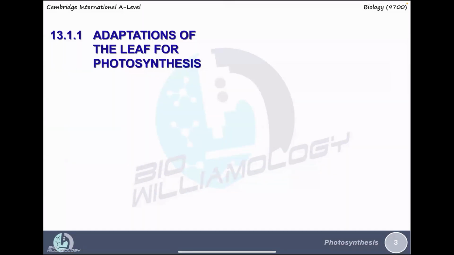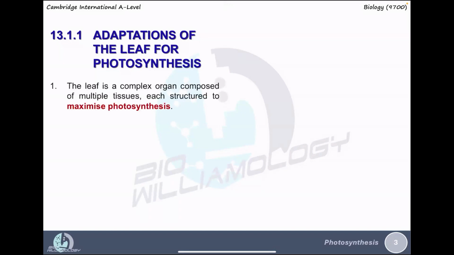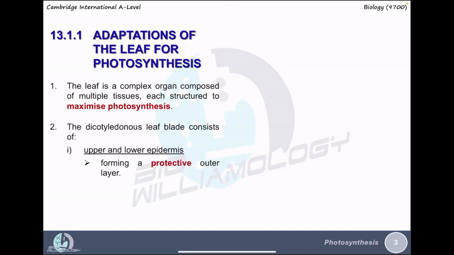Before we get into the lesson on chloroplast, let's quickly go over some background on adaptation of the leaf for photosynthesis. So the leaf is a complex organ composed of multiple tissues structured to maximize photosynthesis. The dicot leaf blade consists of upper and lower epidermis.